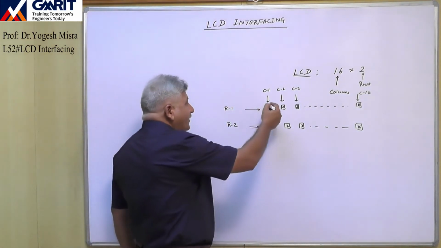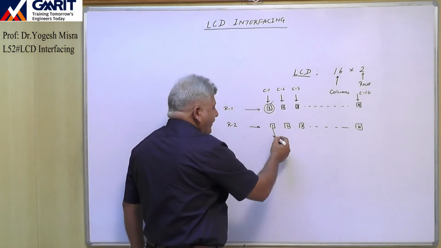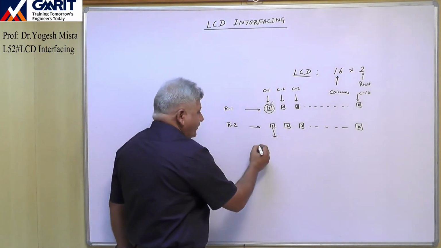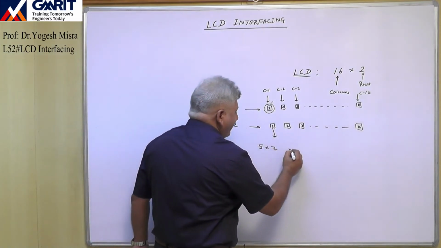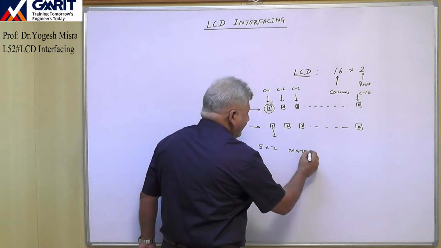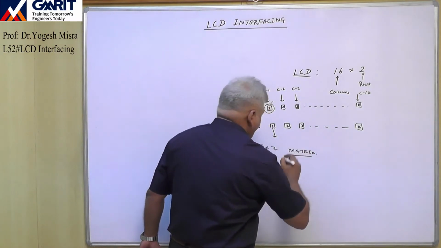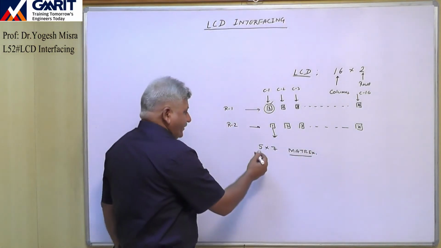Now to display each character, there is a 5 by 7 matrix.